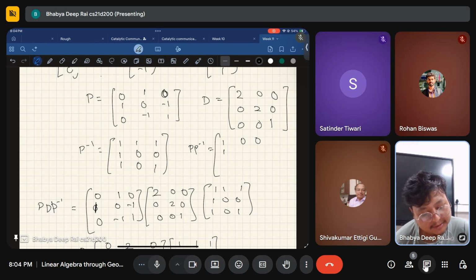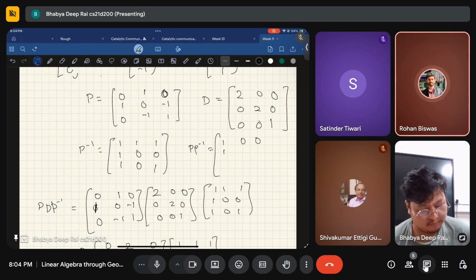This will be plus 1. So the last row of P inverse is nothing but the linear combination of the third row minus the second row in P inverse. So the third row minus the second row in P inverse is indeed 0 0 1.